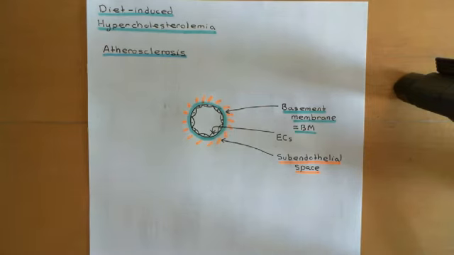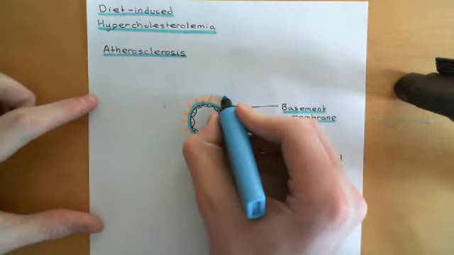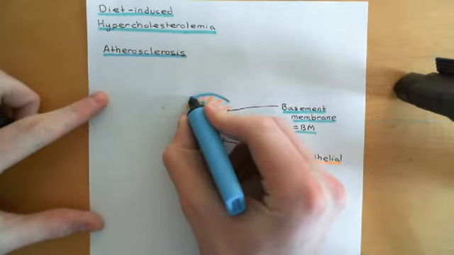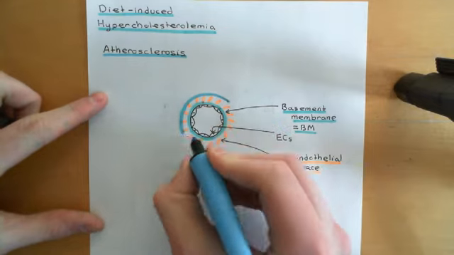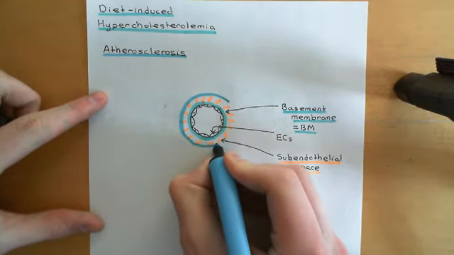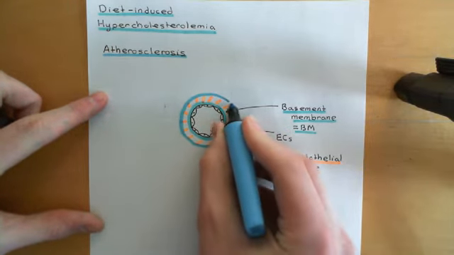Now, outside of the subendothelial space, you're going to have a layer of elastic connective tissue. The connective tissue in the subendothelial space was mainly collagen, non-elastic connective tissue. Now you're going to have a layer of elastic connective tissue, which I'll represent in blue here, outside of the subendothelial space.